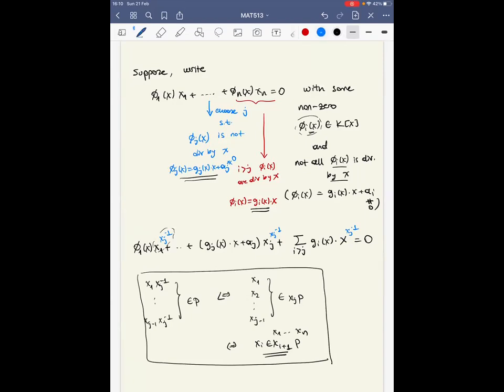And here also note that these polynomials are elements in the evaluation ring O, because k lies in O and x is in O. This shows us that all the terms in the summation here are in P.